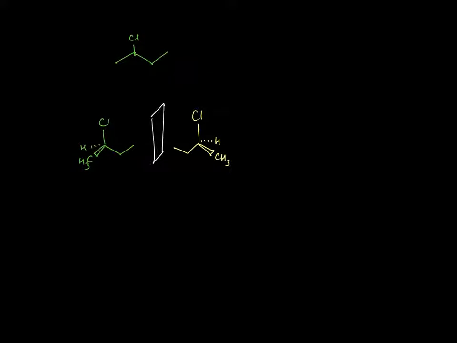All right, and then we can rotate this guy around. So the one that I have now drawn on the right, I'm going to rotate it a little bit. And it's hard to imagine all of the possible conformations, but what I'll do is put the ethyl group in the same spot. So I'm going to rotate this all the way around.